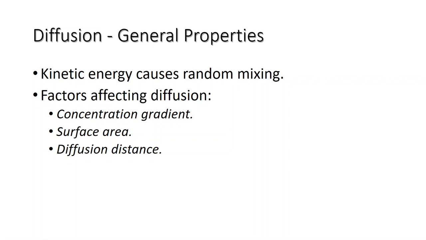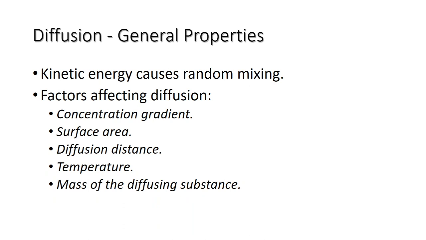All of the body's diffusion processes occur more rapidly in a person with a fever. The larger the mass of the diffusing particle, the slower its diffusion rate. Smaller molecules diffuse more rapidly than larger ones.